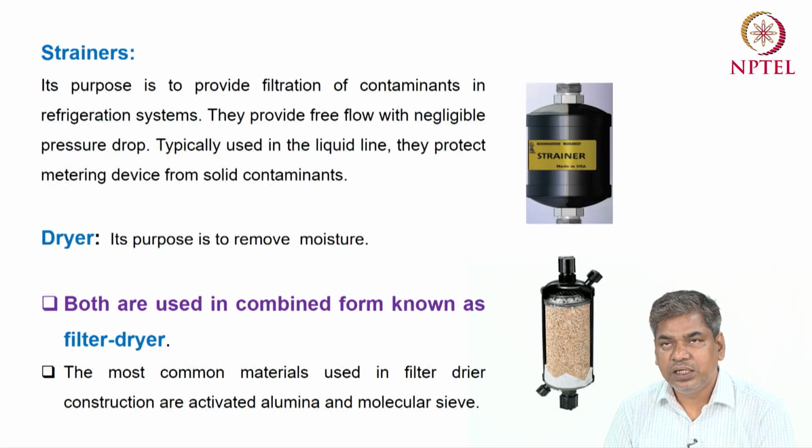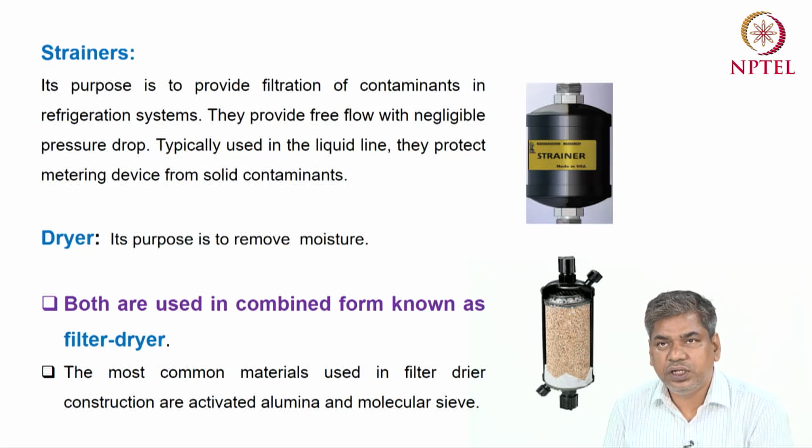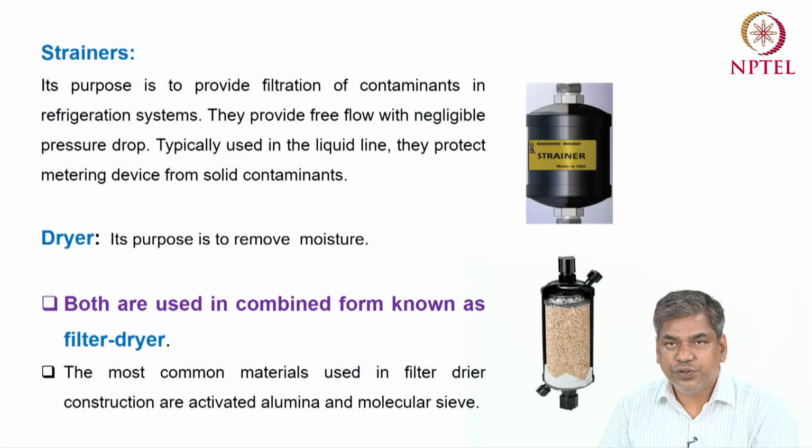Any unnecessary particle, any unused component, or particles from the construction material, if they are there with the refrigerant, can be filtered by using the strainer. So a strainer is basically used to filter the solid contaminants.